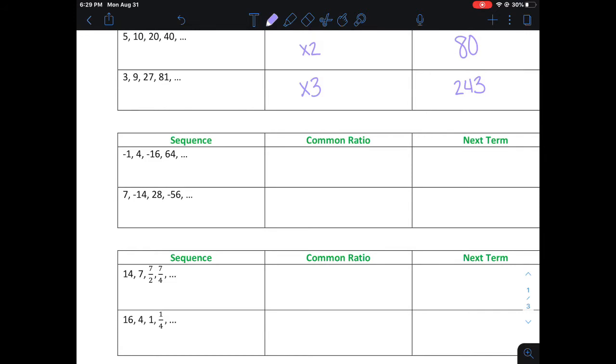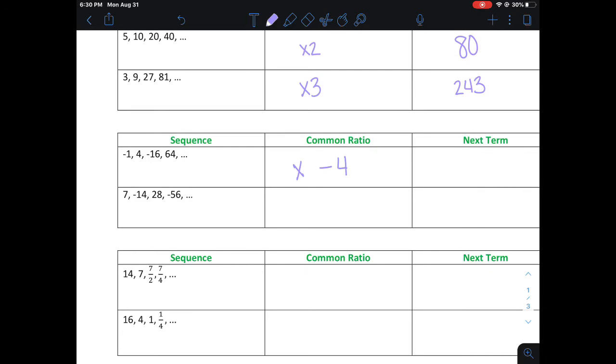But how do I get negative to positive to negative? We are multiplying by a negative number. -1 times -4 will give us +4. +4 times -4 will give us -16. And then -16 times -4 gets us +64. So we are multiplying by -4.